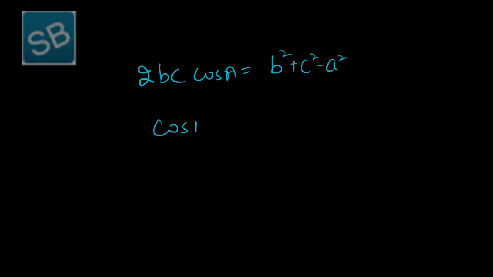That gives cos A is equal to (b² + c² − a²) over 2bc.